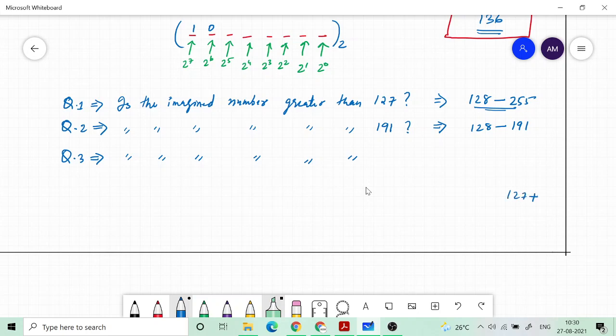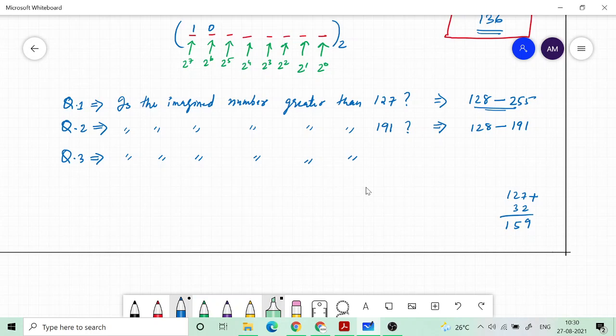127 plus 32? Sir, is the number greater than 160? Not greater than 160, is greater than 159, because otherwise you have to ask greater than or equal to.